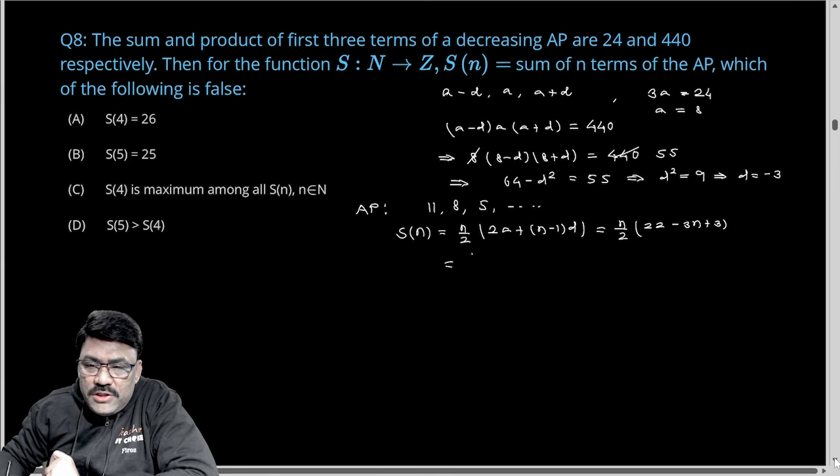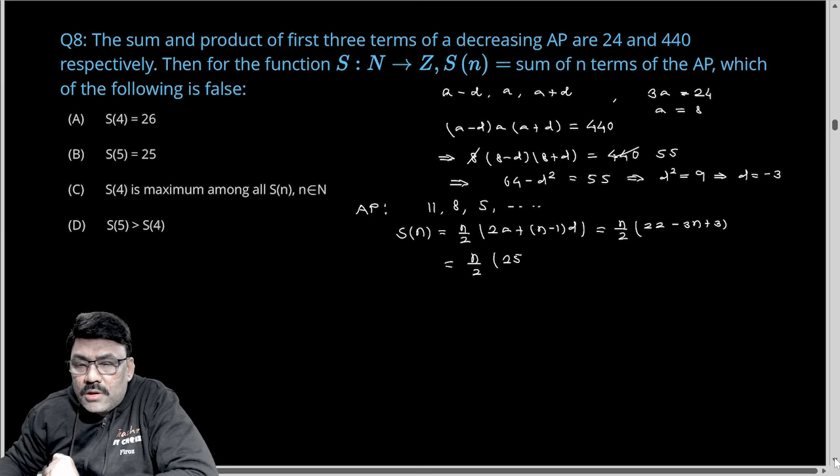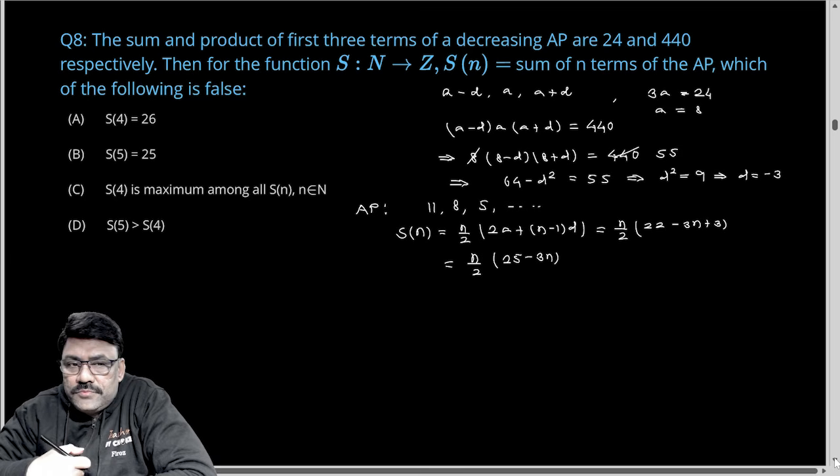So Sn will be n by 2 into (25 minus 3n). This is Sn. 22 plus 3 is 25, minus 3n.